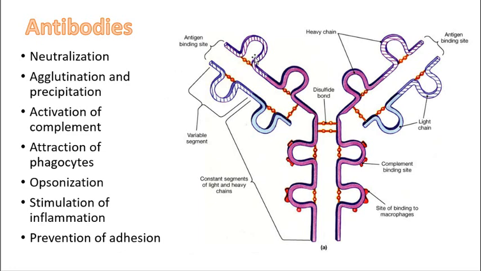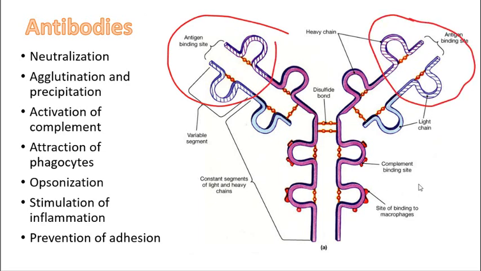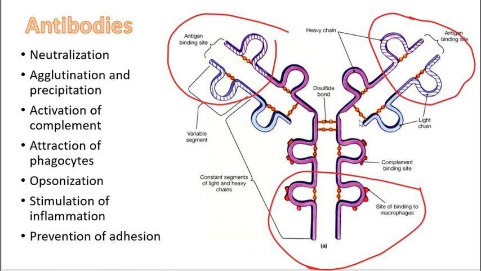Antibodies basically consist of two parts. This part binds to the antigen, two hands, and this part basically stimulates the macrophages.